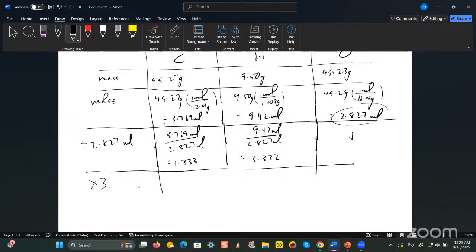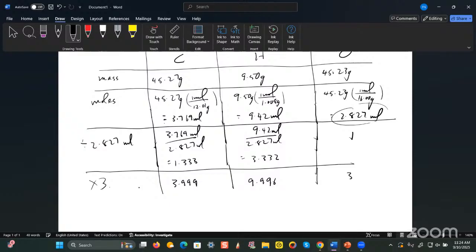But for now, if you multiply right through by 3, well, let's start off with the carbon. So if you multiply 1.333 times 3, you're going to get 3.999. And if you multiply 3.332 times 3, you're going to get 9.996. And then if you multiply 1 by 3, you're going to get 1.